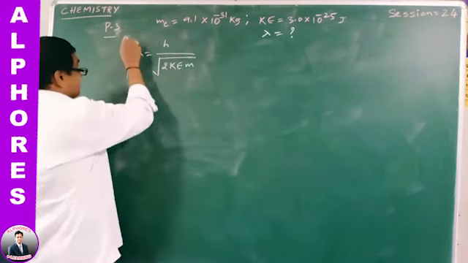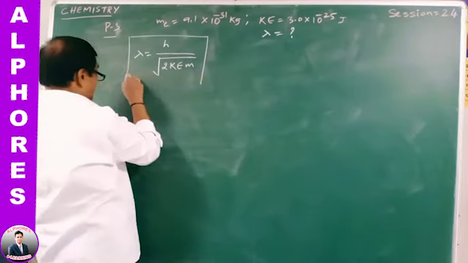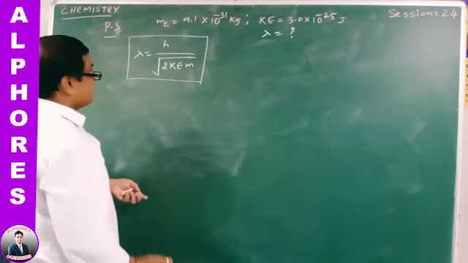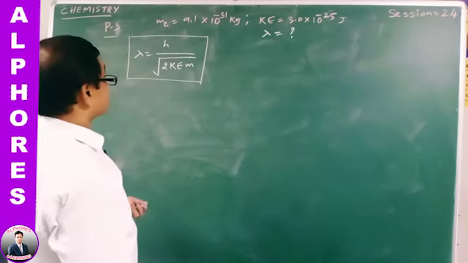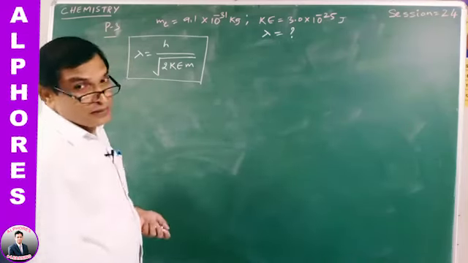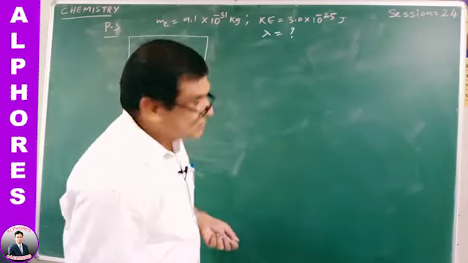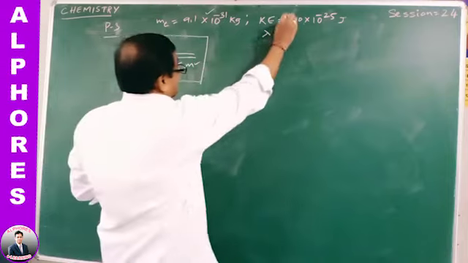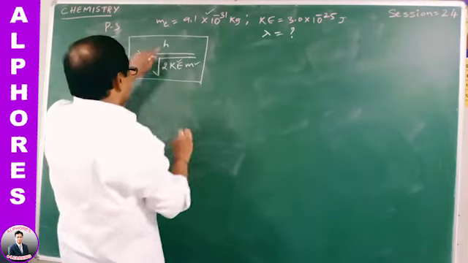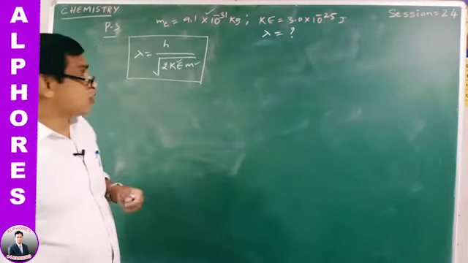This is the basic formula we require. Now we have to substitute the right data in the formula. Mass of the electron is available, kinetic energy in joules is available, and Planck's constant we should consider in joules only.